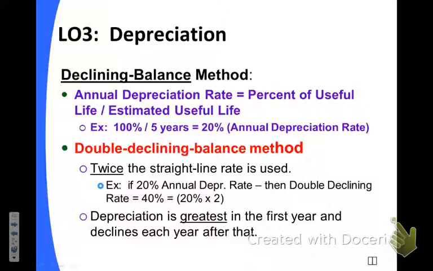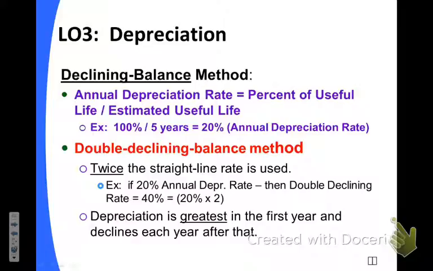In this example, we have an asset of 100% value, and we're going to depreciate it over 5 years. So the annual depreciation rate would be 20%. For the double declining balance method, we take that 20% and multiply it by 2. So our asset is going to be depreciated at 40% a year rather than 20%.